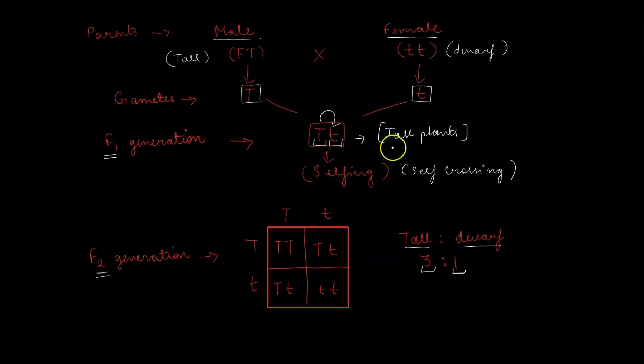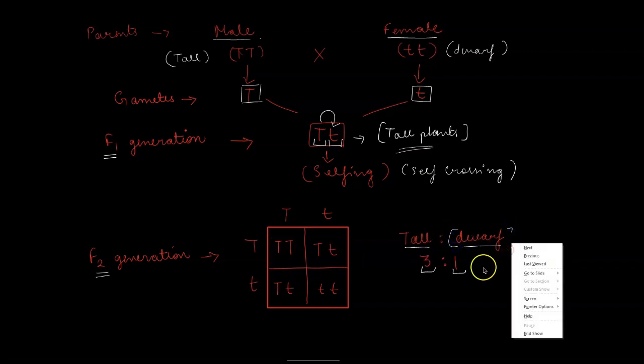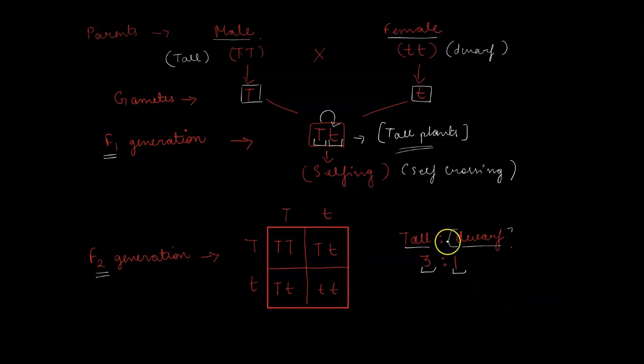All of the plants are tall, because here the dominant member of the factors, capital T, is expressing itself, and in F2 generation we are seeing one dwarf plant. So what happened after this self crossing is that it leads to formation of these four resultants in F2 generation.